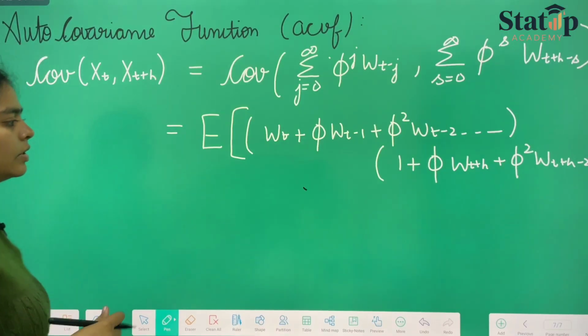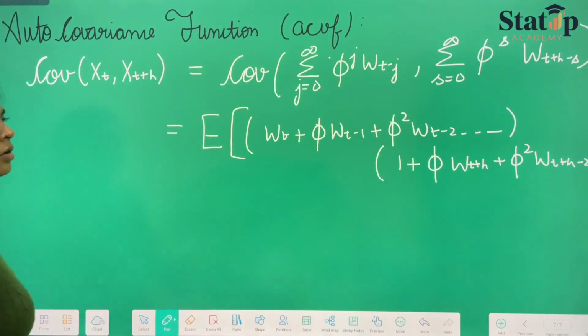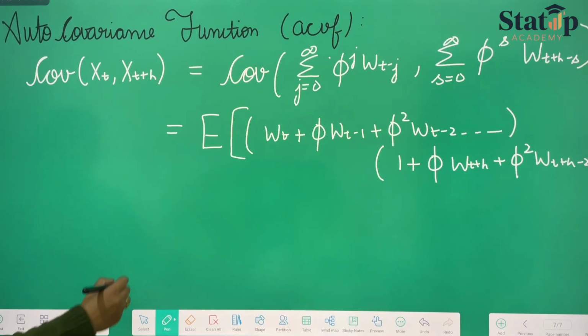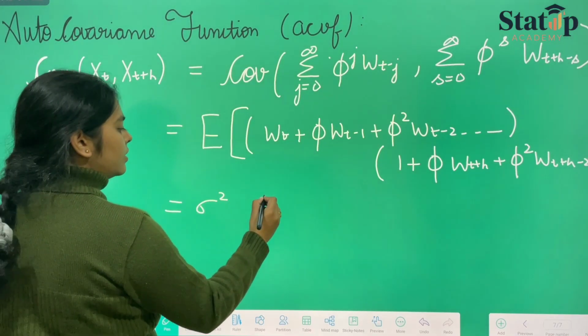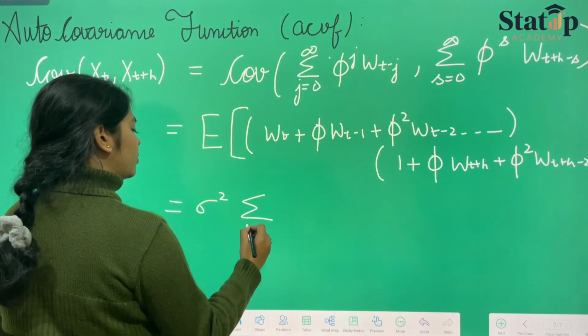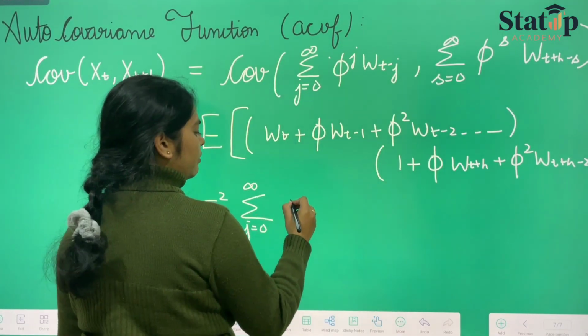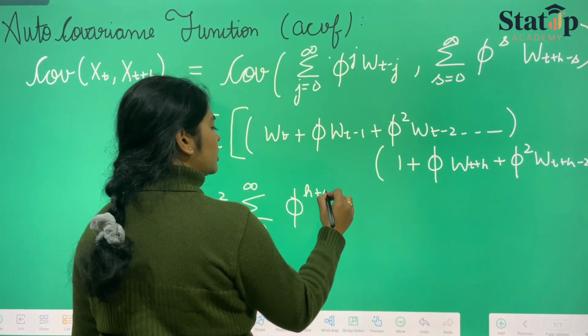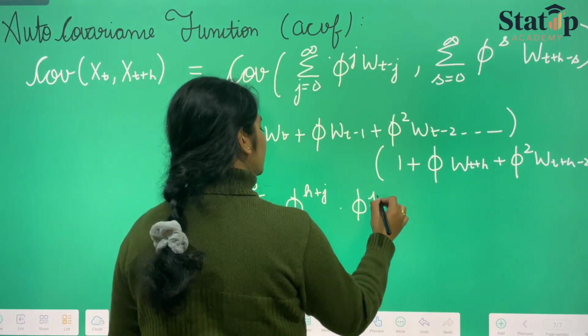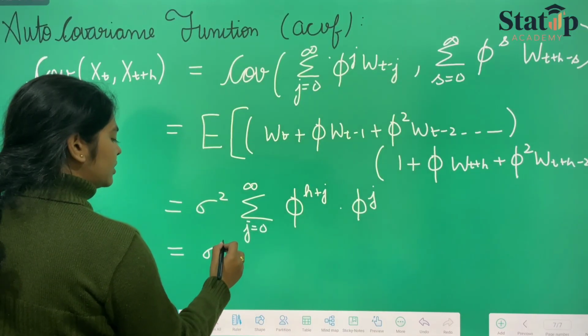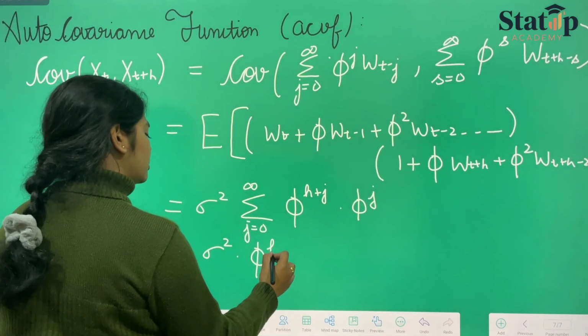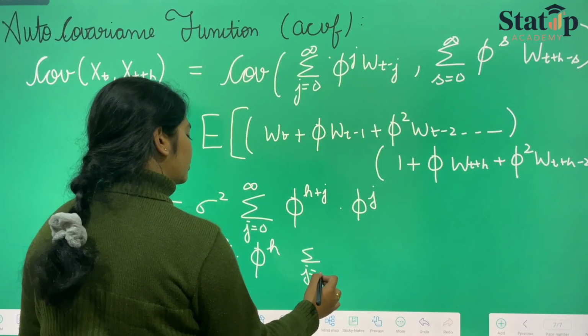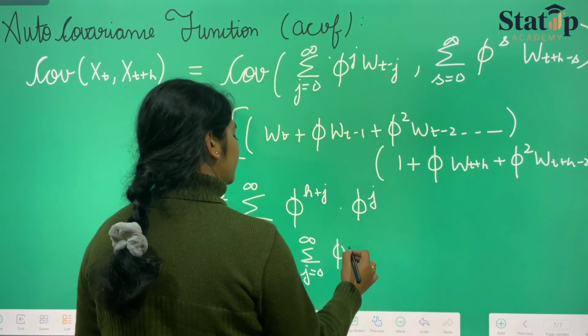So the expectation of this would be nothing but sigma squared times the summation over j from 0 to infinity of phi^{h+j} times phi^j. This would be nothing but sigma squared phi^h times the summation over j from 0 to infinity of phi^{2j}.